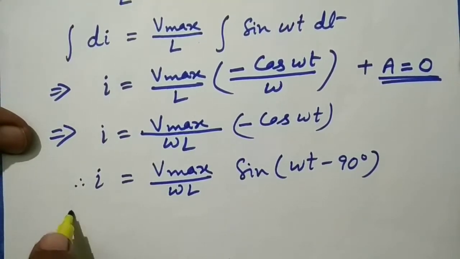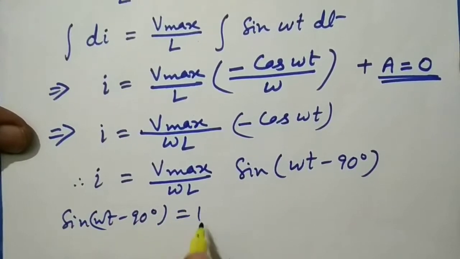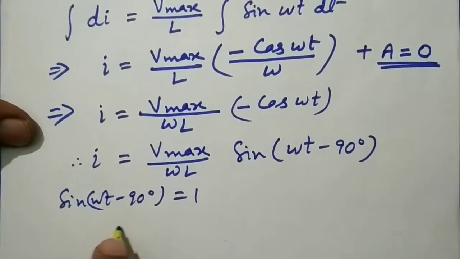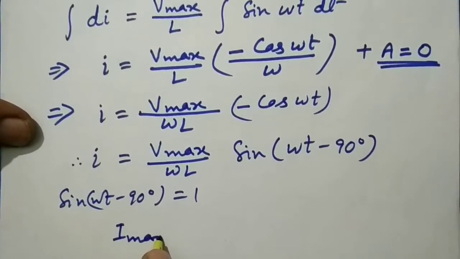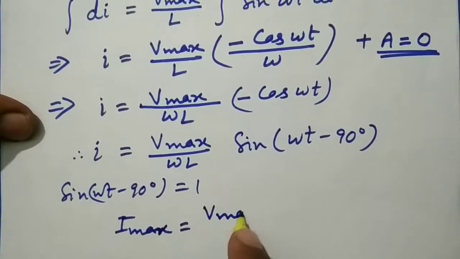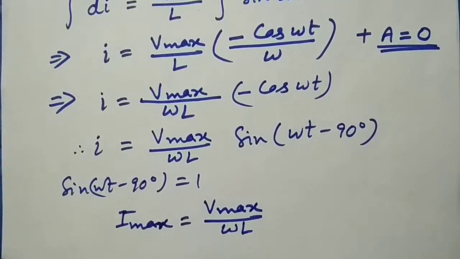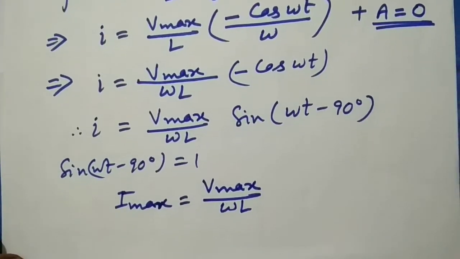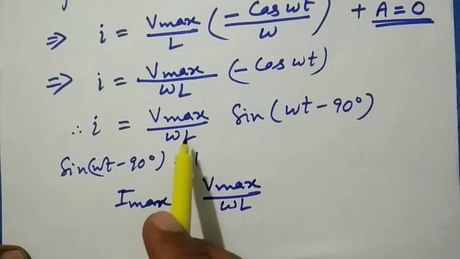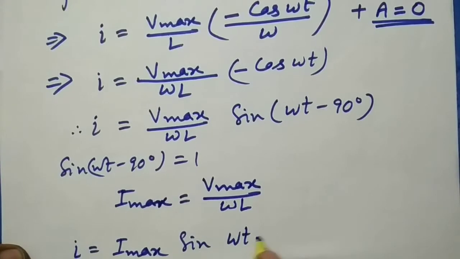Therefore, when sine omega t minus 90 degree is equal to 1, we will get the maximum current, and that is I max, and it can be written as V max upon omega L. Therefore, instead of V max upon omega L in this expression, we can write I is equal to I max sine omega t minus 90 degree.